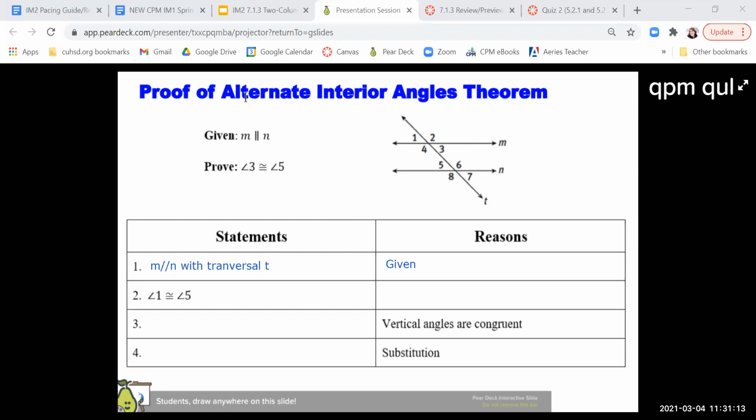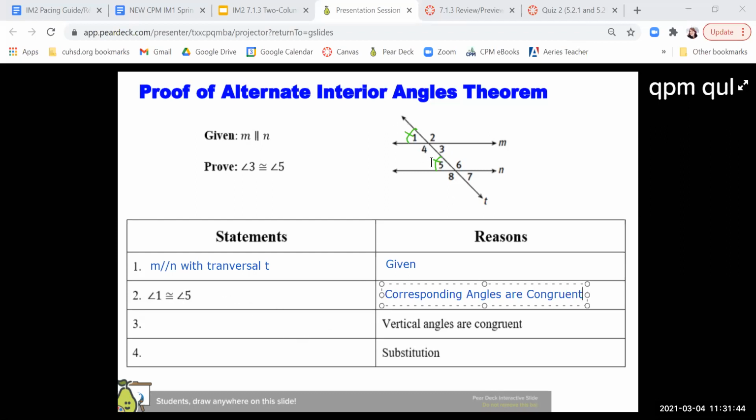Now we know in statement 2 that angle 1 is congruent to angle 5. The reason we know that is because way back when we were talking about the definition of a theorem, we clarified that corresponding angles are congruent, as a theorem that we could use to prove other things.